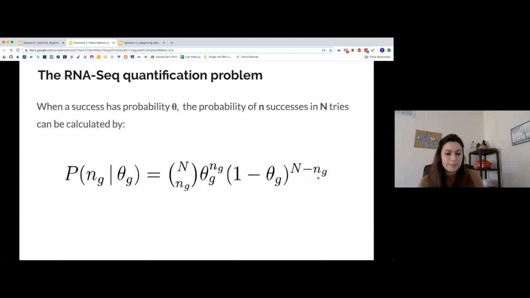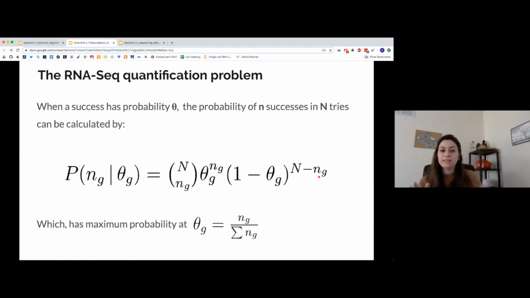So this means that our best estimate of the true relative abundance of this gene G is lowercase n over capital N, or the sum of all lowercase n's. So the best guess at the abundance that we can make is just to divide how many reads for that gene we got by the total reads we obtained.